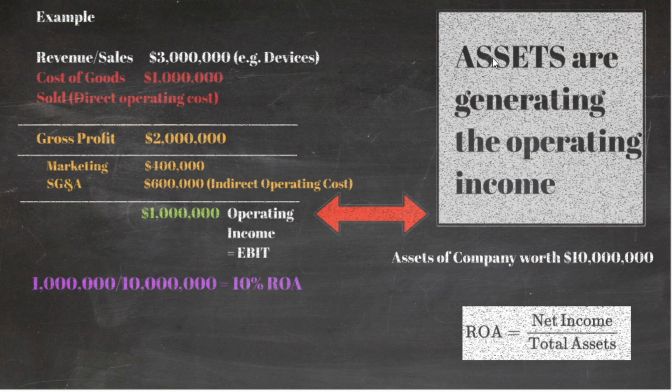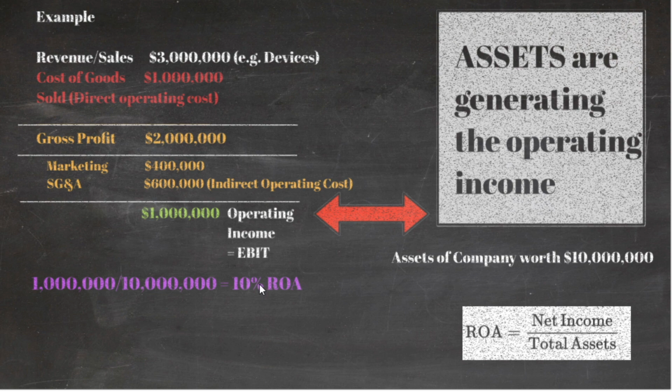We'll just say that all our assets cost us $10 million. So the formula is net income, our operating income, the $1 million, divided by our total assets.